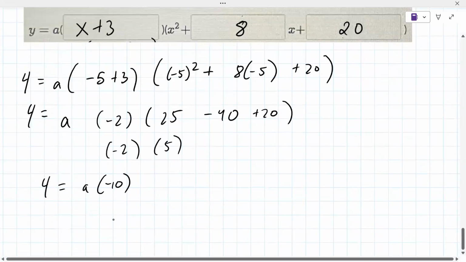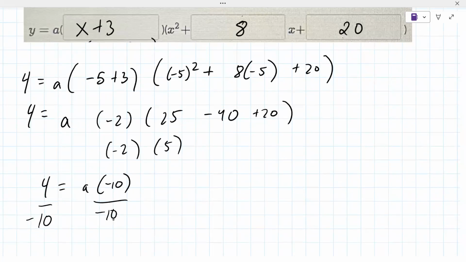So you divide by that negative on both sides, and A equals -2/5. Any questions on that? No.